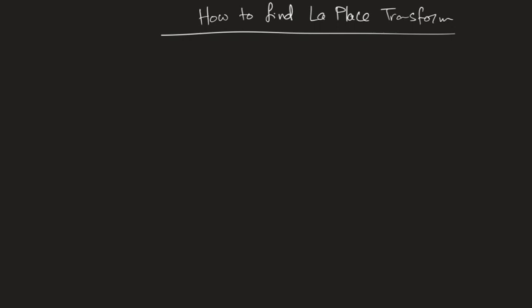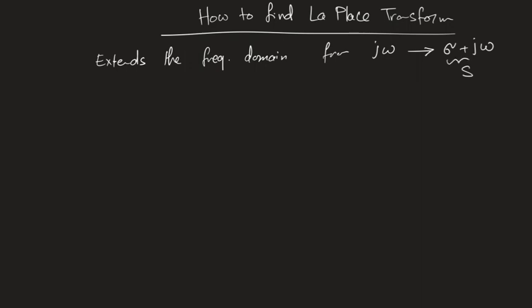Okay, so how to find the Laplace transform? It's simple. The Laplace transform itself extends the frequency domain from just the j omega to a complex sigma plus j omega, which is called S. This is our complex frequency. So we used to deal with a single dimensional frequency, omega, which is a real frequency, and that's it.